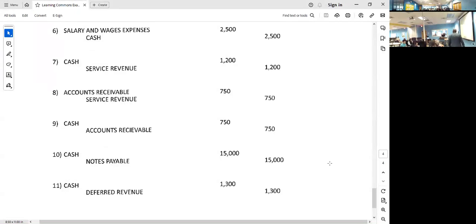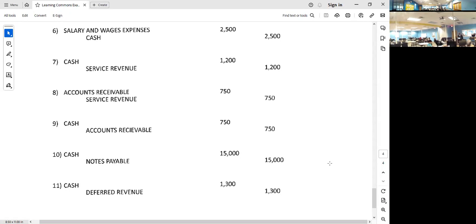Where would the revenue and expenses go? Expenses and revenue would affect the equity.